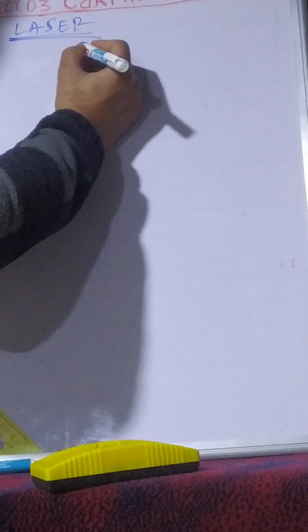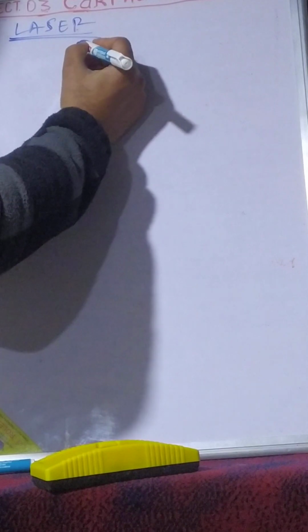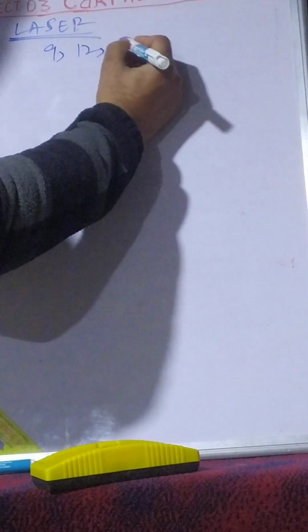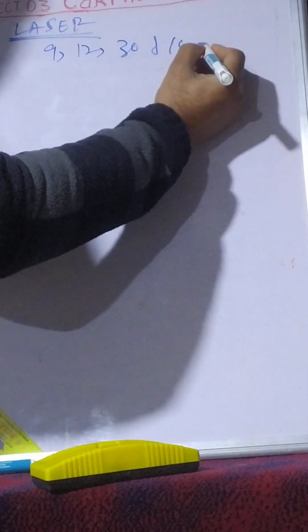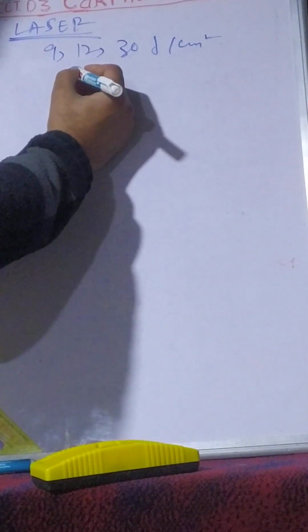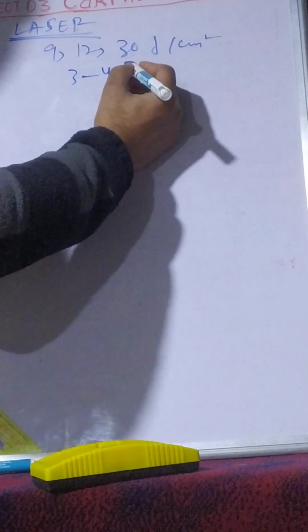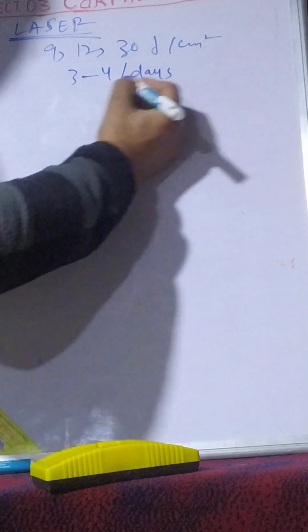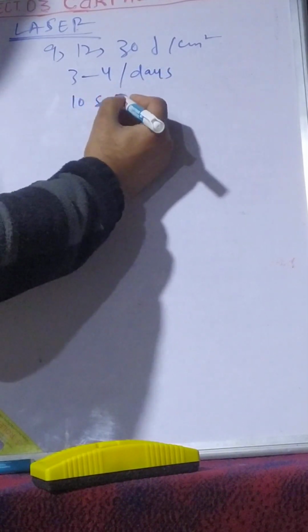Laser. What is laser? Light amplification by stimulated emission of radiation. In laser, we use 9, 12 and 30 joules per centimeter square, with a maximum of 30 joules per centimeter square. You can use it at a 3 to 4 day interval, after every 3 to 4 days, for a maximum of 10 sessions.